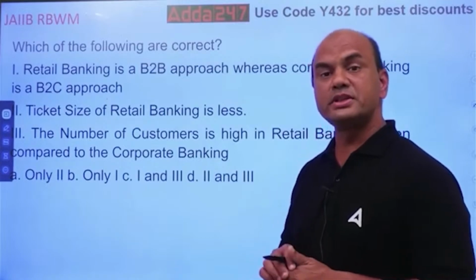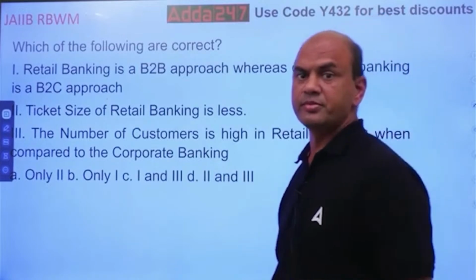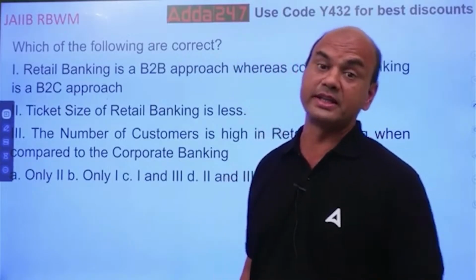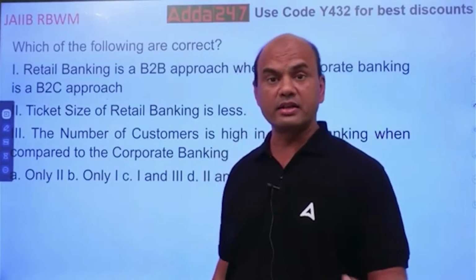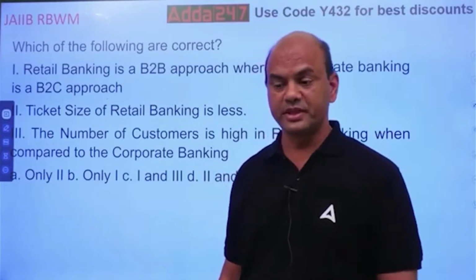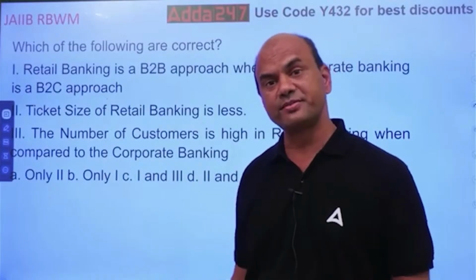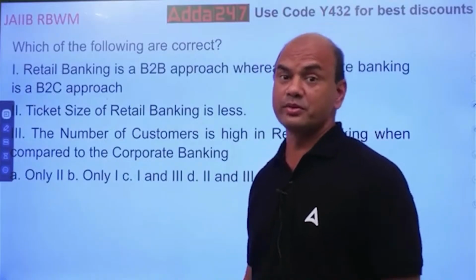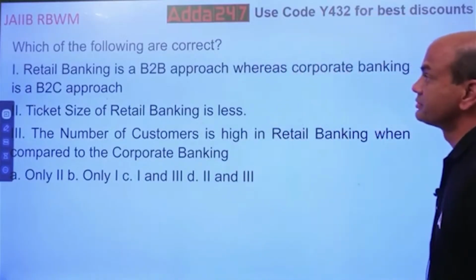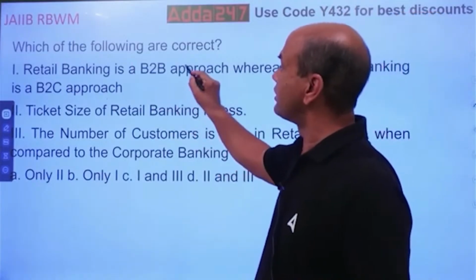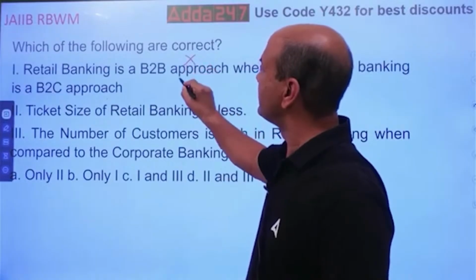B2B means business to business. So is retail banking dealing with businesses only, or is it dealing with retail clients like you and me? Which one is true over here? So retail banking is a B2B approach: this is wrong. Retail banking is a B2C approach.